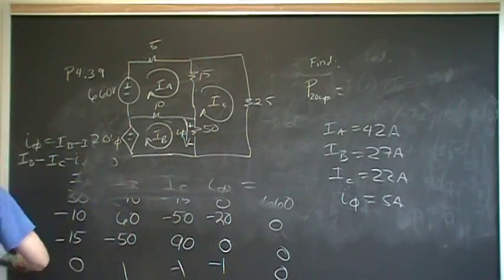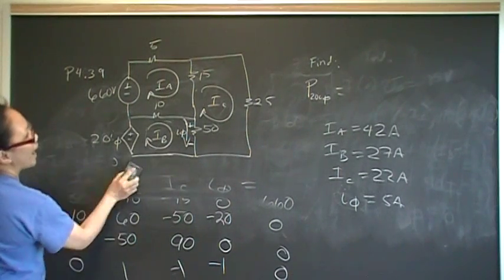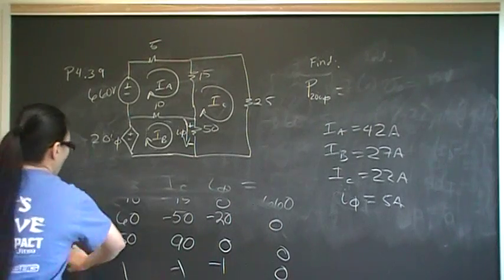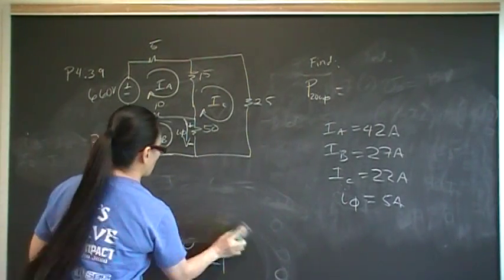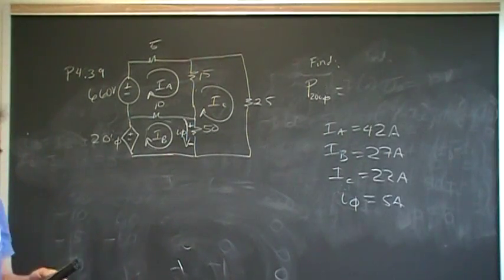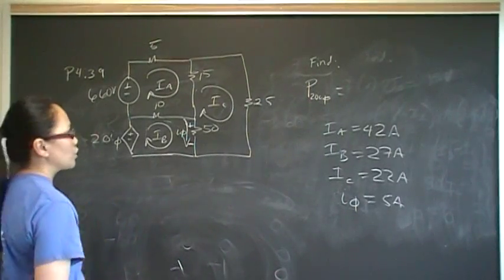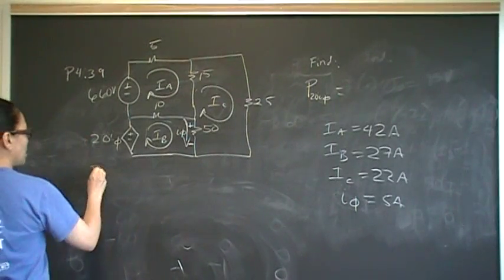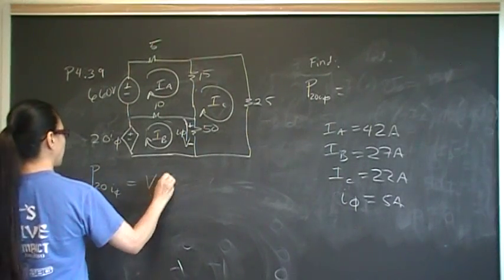So, we are actually looking for the power either developed or absorbed by the dependent voltage source. So power is voltage times current, right? So P of 20 I-phi, that's just VI.